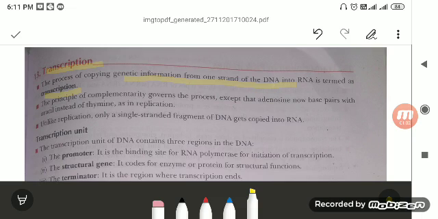And the bases present in the DNA are adenine, guanine, cytosine and thymine, and the difference is that instead of thymine in RNA we have uracil. So unlike replication, only a single stranded fragment of DNA gets copied into the RNA.